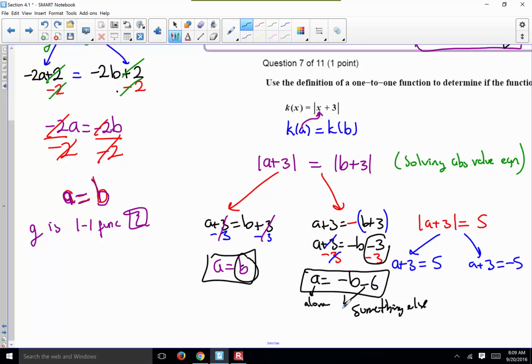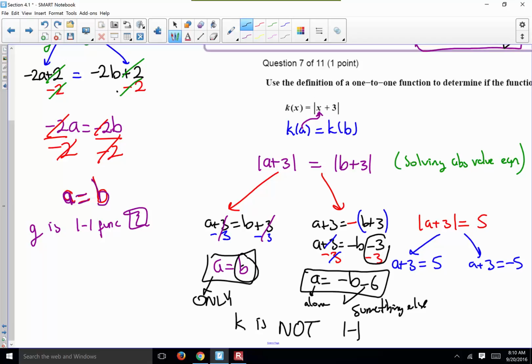So what is this proving to us? This function K is not one-to-one. Okay? Again, one-to-oneness means this must be the only result you are getting. If you're getting another equation from this, that means you have another possible a value, which is a violation of one-to-oneness.